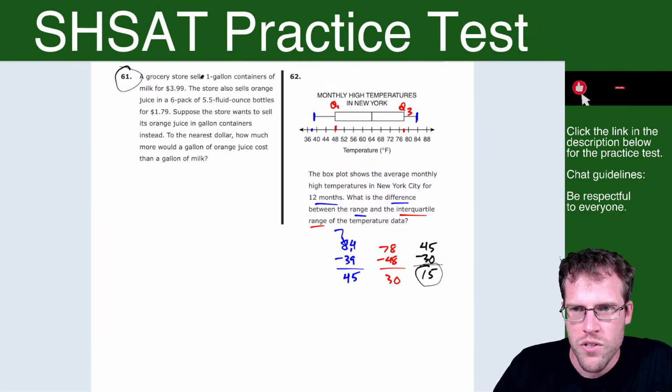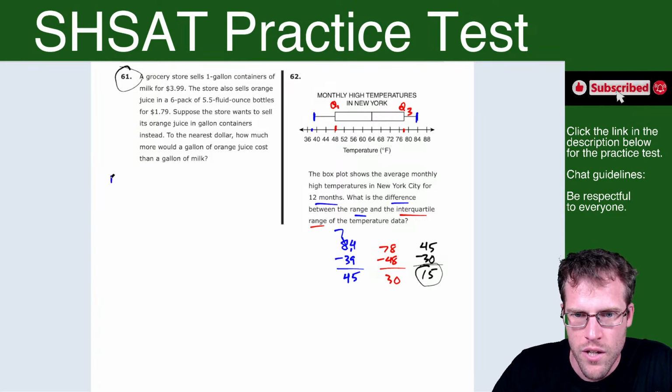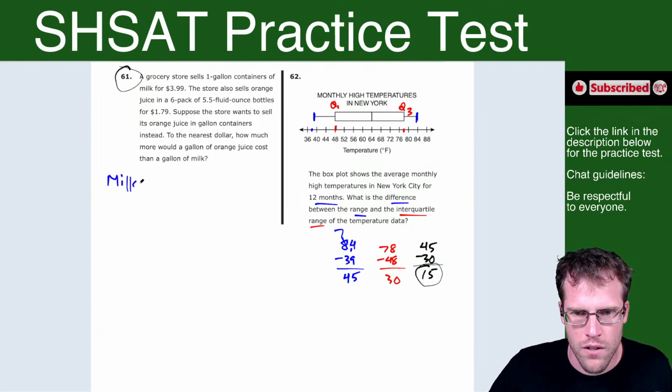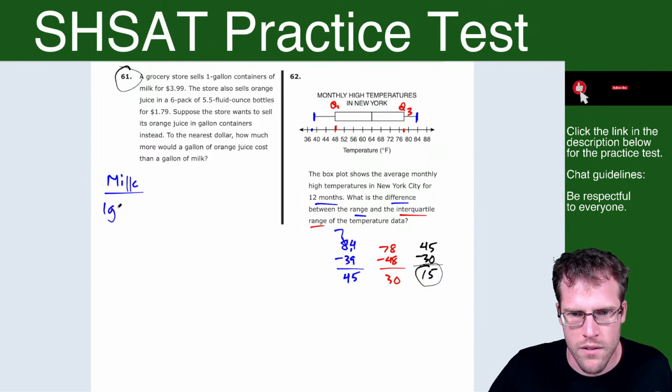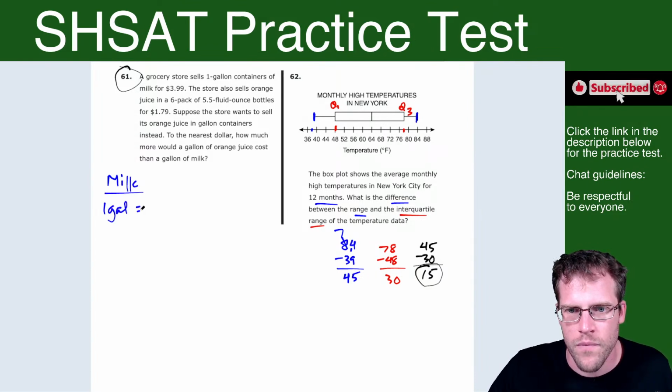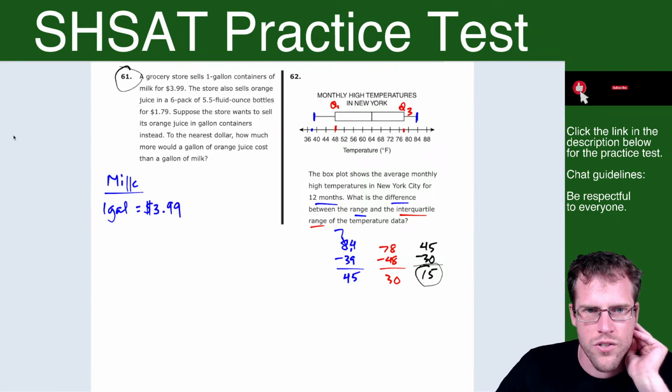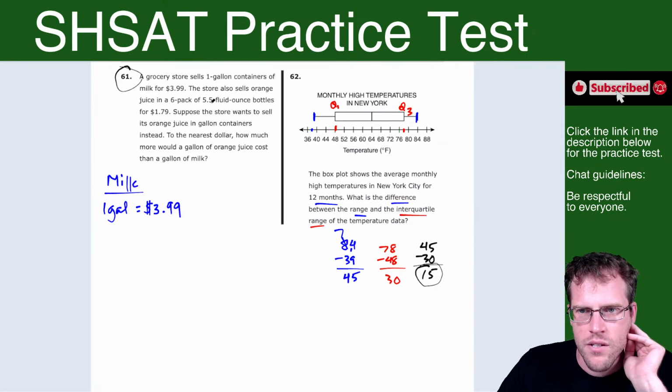So a grocery store sells 1 gallon containers of milk. Okay, so milk. Let's write that again. 1 gallon, $3.99. Cool. The store also sells orange juice in 6 packs of 5.5 fluid ounce bottles.